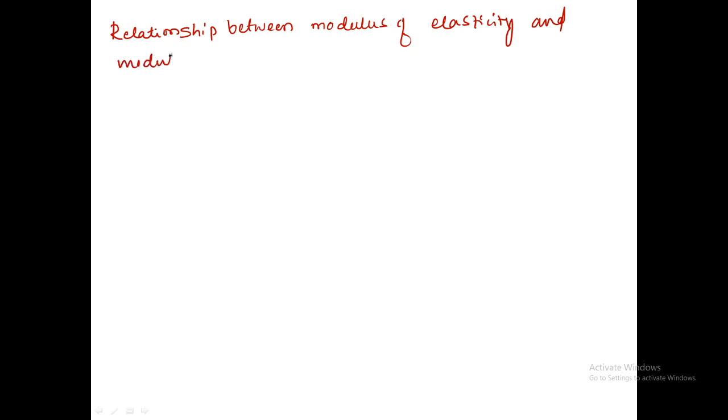So relationship between modulus of elasticity and modulus of rigidity. Okay. That is what relation between E and G. E and G.